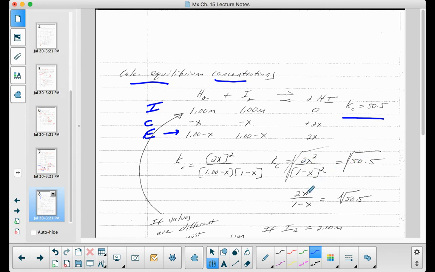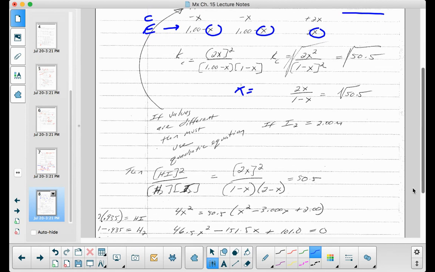And then once I solve for x here, I'm going to use that x here and here and here to calculate my equilibrium concentration for that.